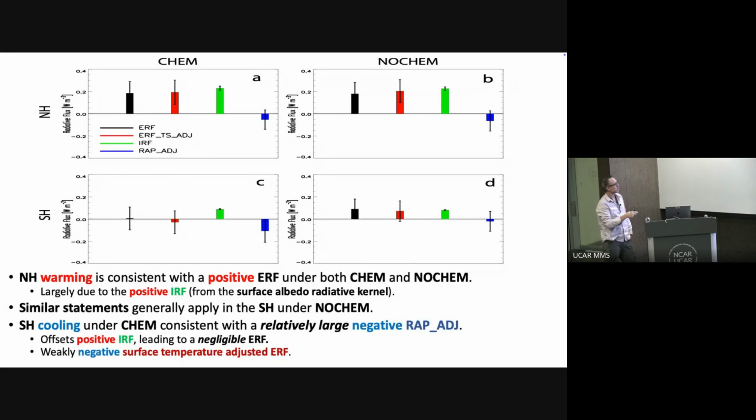Most of that warming is related to the instantaneous radiative forcing, the green bar, which is obtained from the surface albedo radiative kernel. You can see that under chem in the southern hemisphere, the effective radiative forcing is essentially 0, the black bar in panel C. That is due to a relatively large negative rapid adjustment, which is the blue bar in panel C.